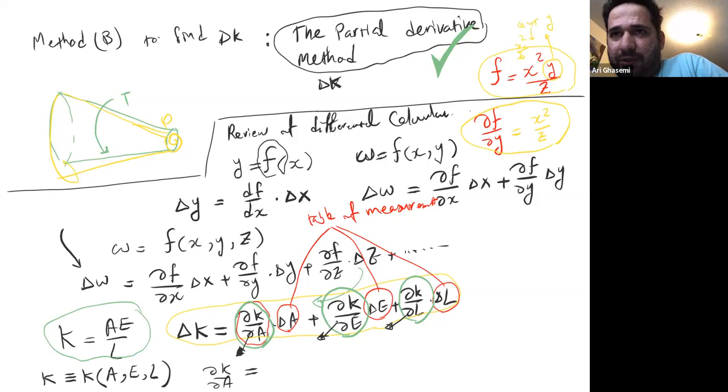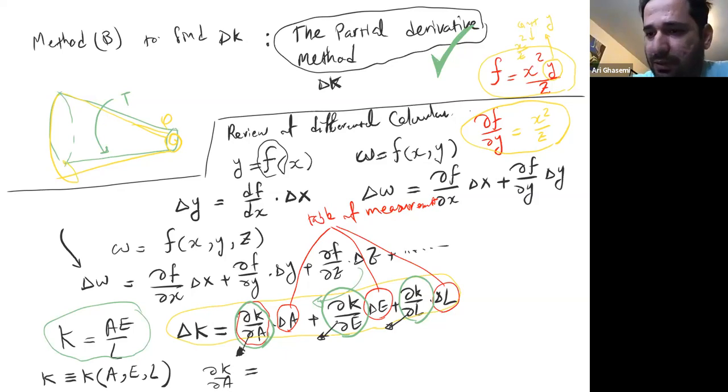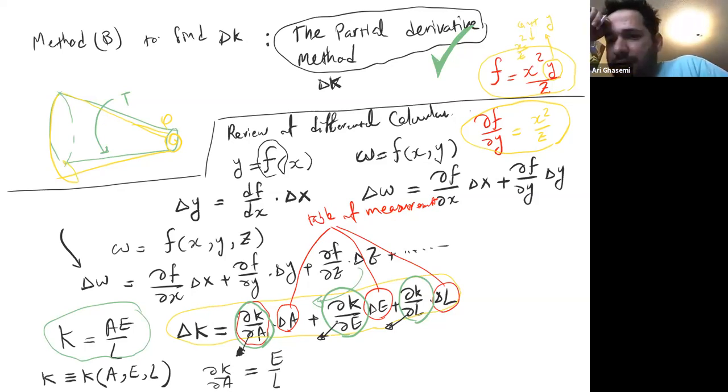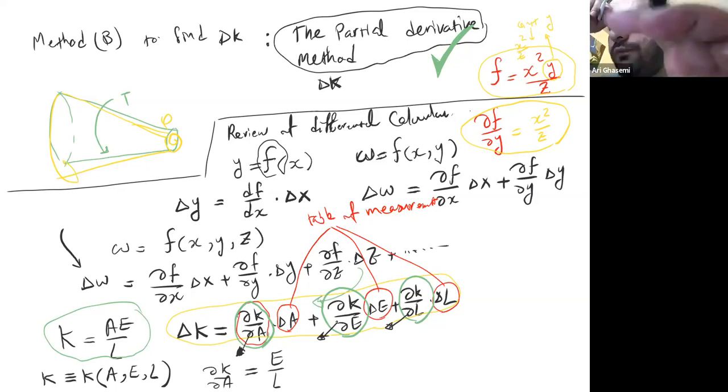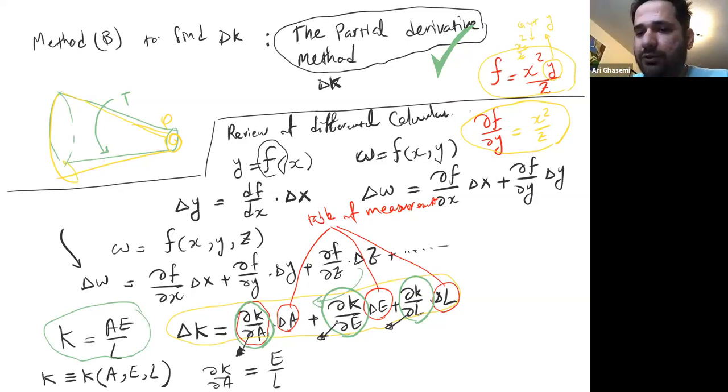That's right, E over L. The answer is E over L. Because the variable is A, the rest are like a constant coefficient. You see that? So the first thing I got.